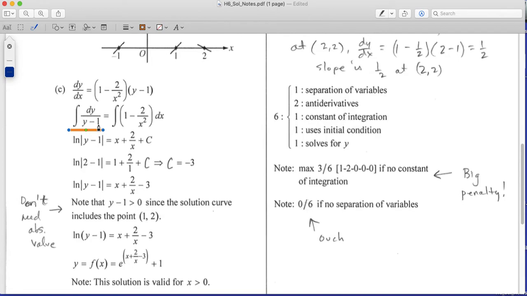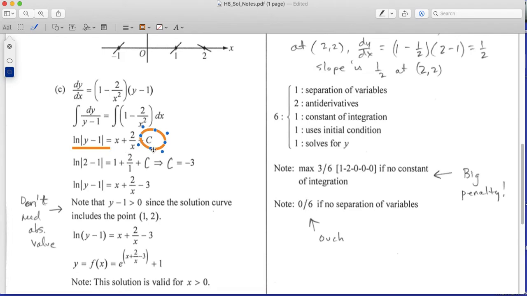However you do it, the antiderivative of the left side is ln|y minus 1|. And then the antiderivative of this side you can do term by term using the power rule, and you get that. Here's the c. Don't forget that c.